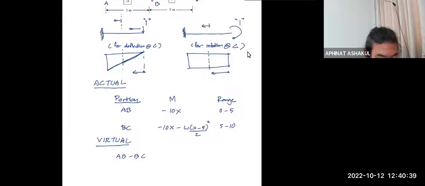Say for vertical deflection, now my equation simply becomes minus x. My small m range is now from 0 to 10.